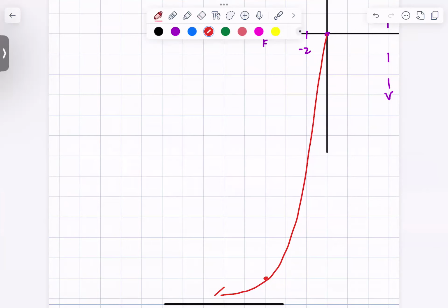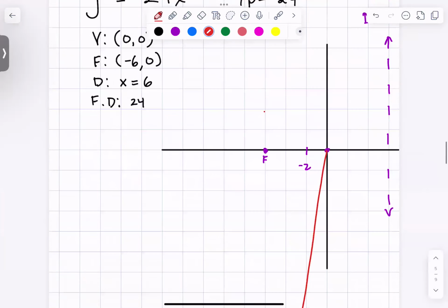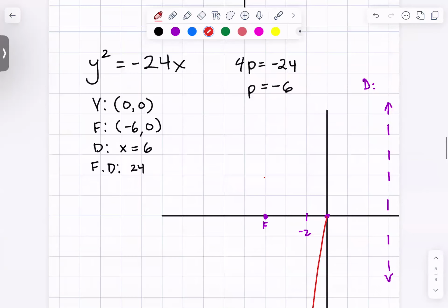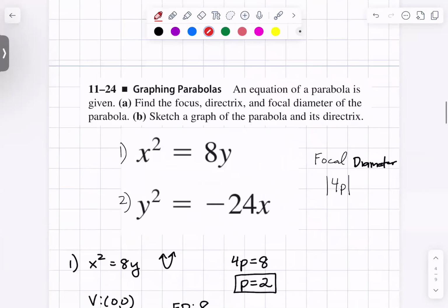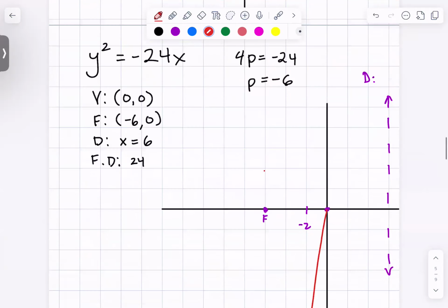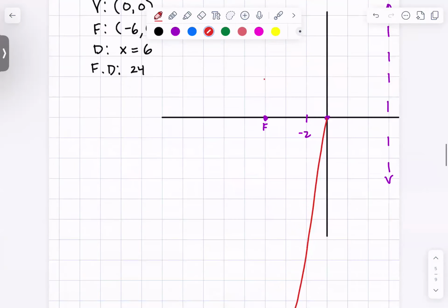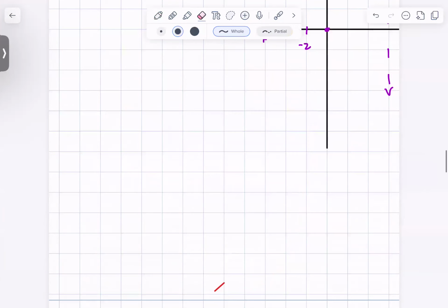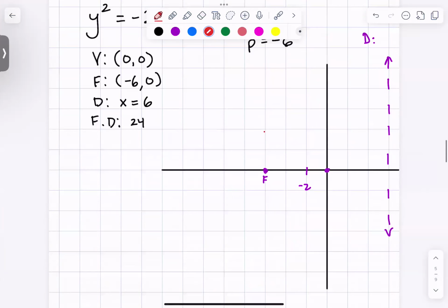Yeah, if I had to redo this, which I'm not, I would make every unit like maybe 4 or 3, just to condense the graph a little bit. All right. Any questions on these two? No? Or you know what? I can make my y-axis a little bit smaller than my x-axis.